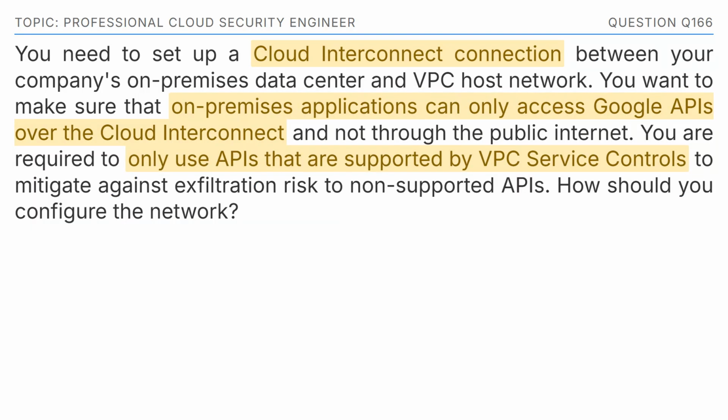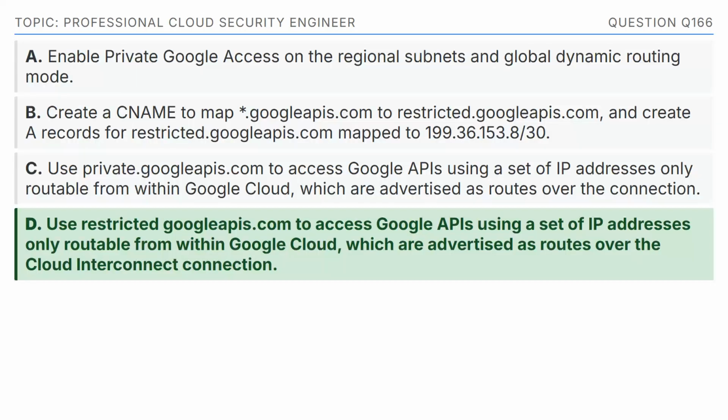To arrive at the correct answer, we focus on the keywords: Cloud Interconnect connection, on-premises applications can only access Google APIs over the Cloud Interconnect, only use APIs that are supported by VPC Service Controls. The correct answer is option D, use restricted.googleapis.com to access Google APIs using a set of IP addresses only routable from within Google Cloud, which are advertised as routes over the Cloud Interconnect connection.